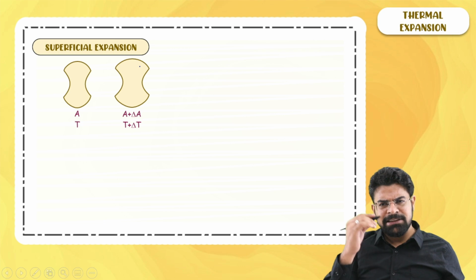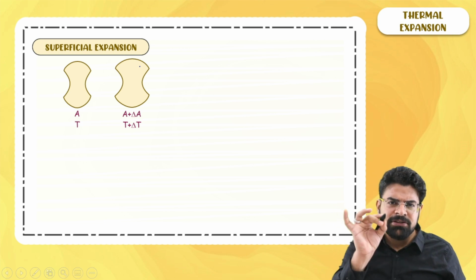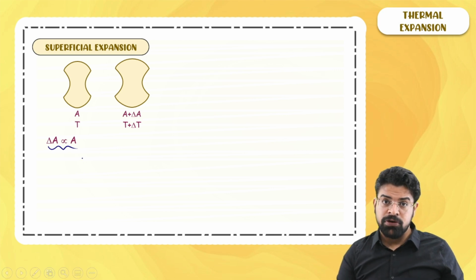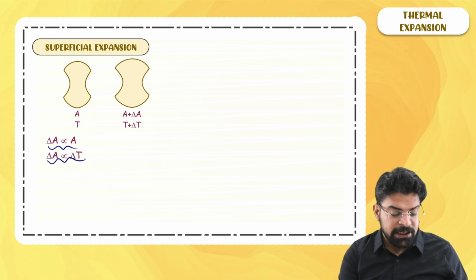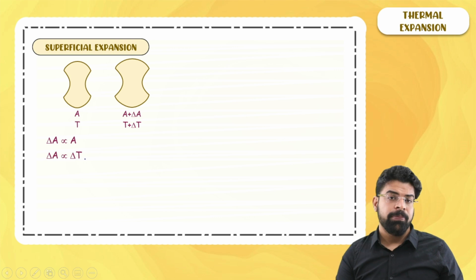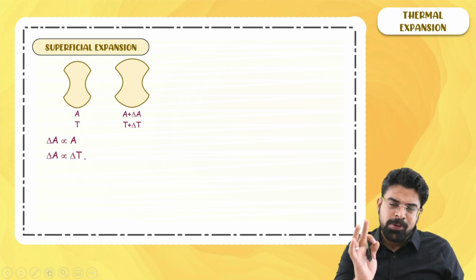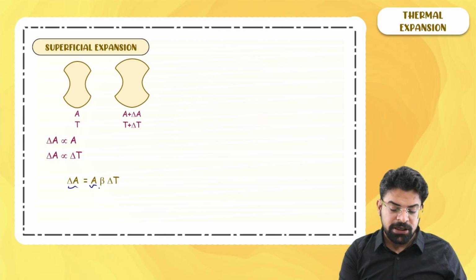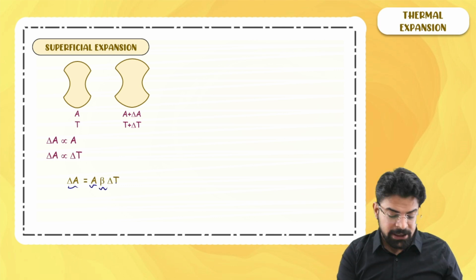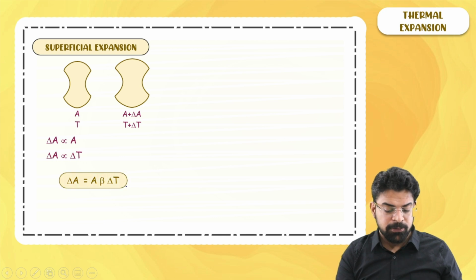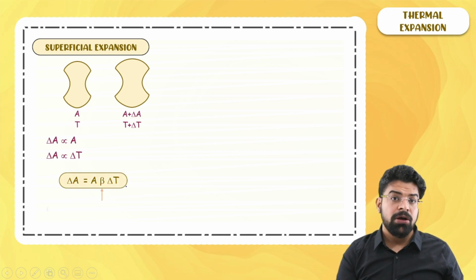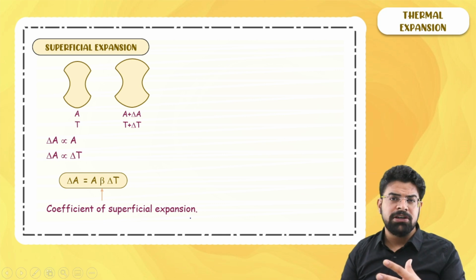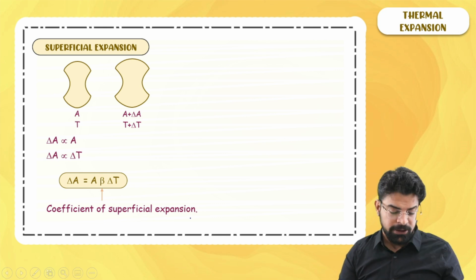Again, we say the same things which we have said for linear expansion. The change in area is directly proportional to the original area. The change in area is directly proportional to the change in temperature. And then we add a proportionality constant, and we say the change in area equals original area into a proportionality constant beta into delta T. This proportionality constant beta is called the coefficient of superficial expansion, or sometimes people call it the coefficient of areal expansion.